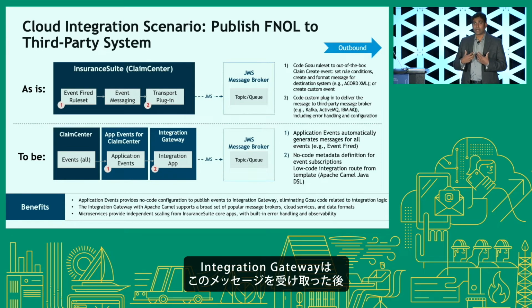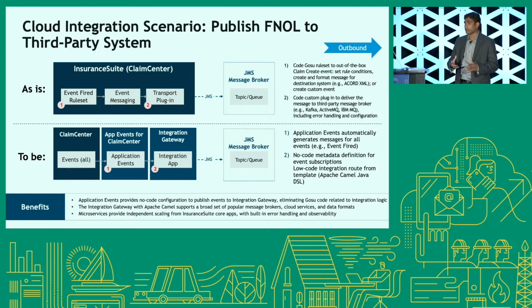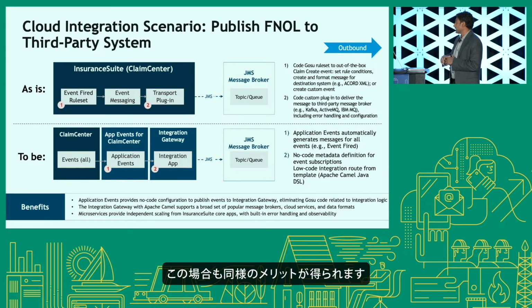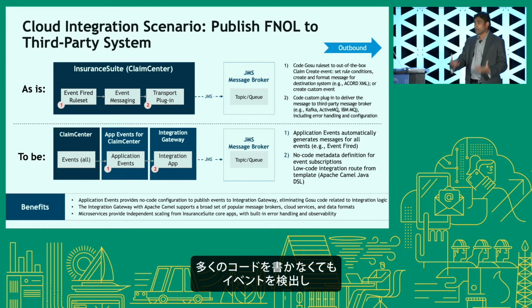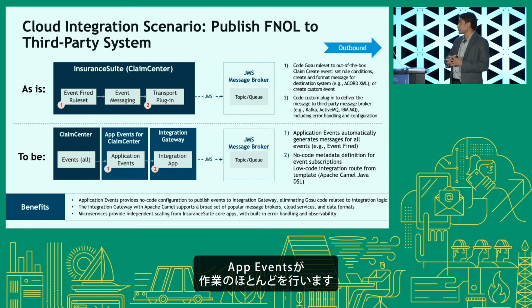And once the integration gateway receives the message, you can transform it, you can do massaging, and then put it onto the third-party message broker, right? So again, similar benefits. App events is doing most of the work here. You don't have to write a bunch of code to detect those events and then package the data to send it outside. App events does most of that.